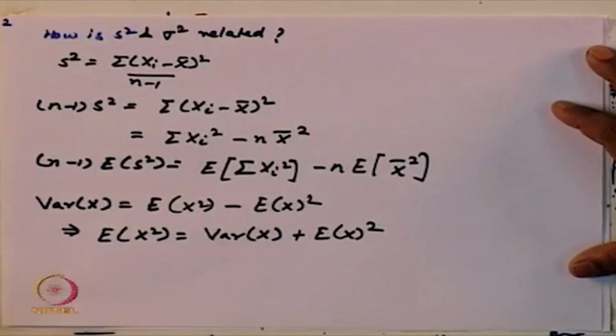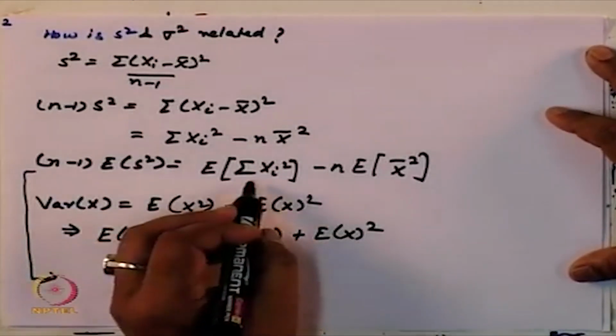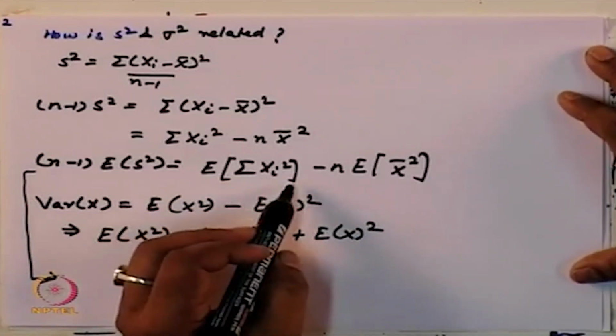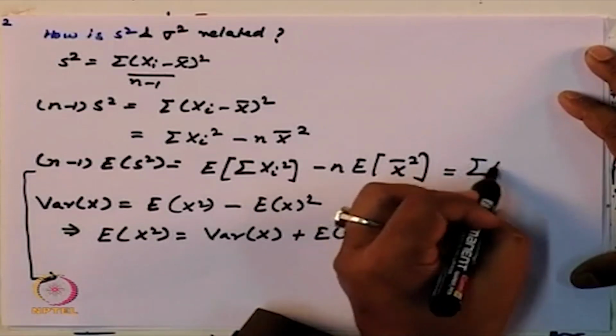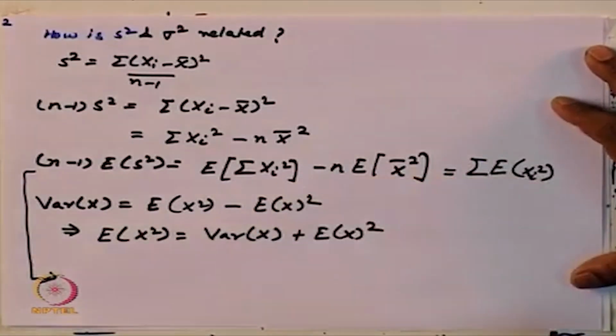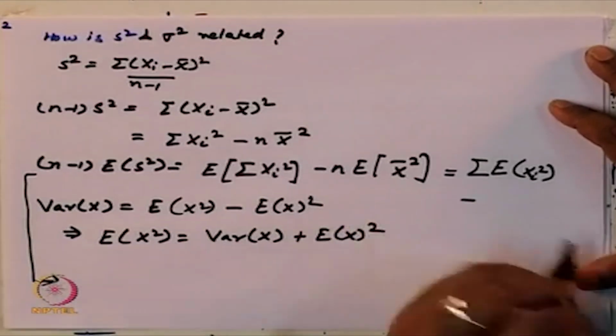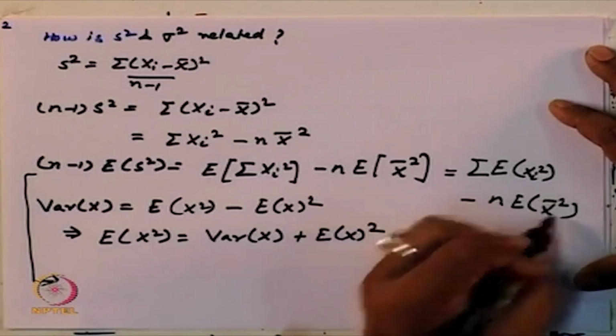Because each of these x I's is independent, I can write this equation as summation e of x I square minus n times e of x bar square.